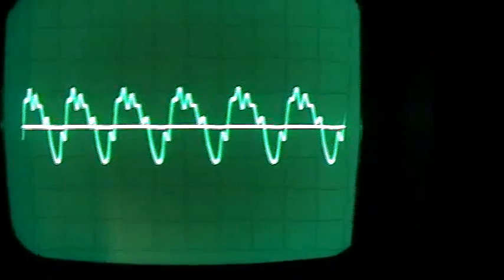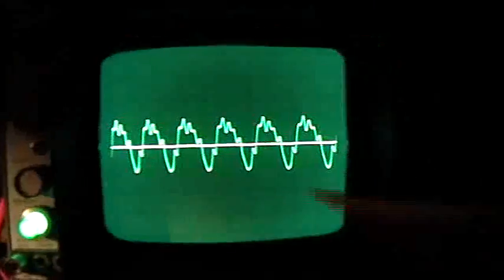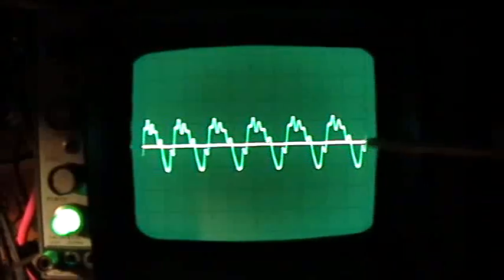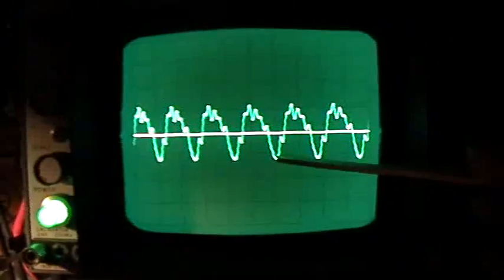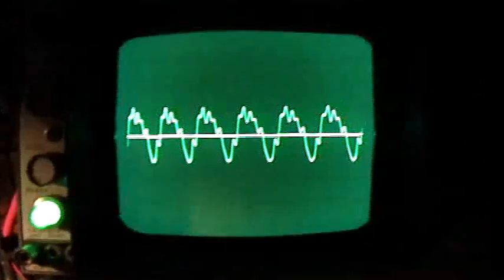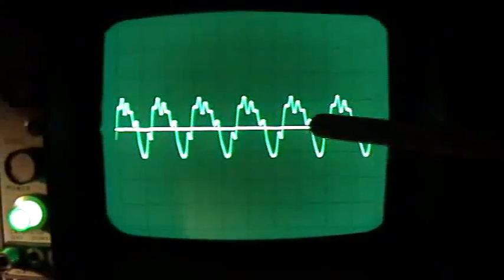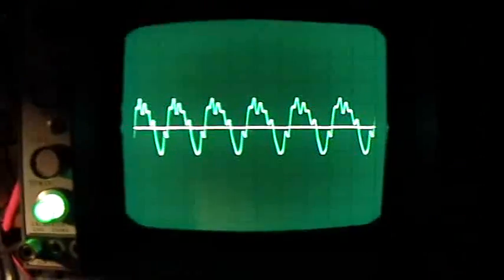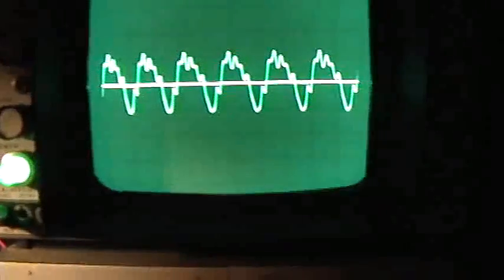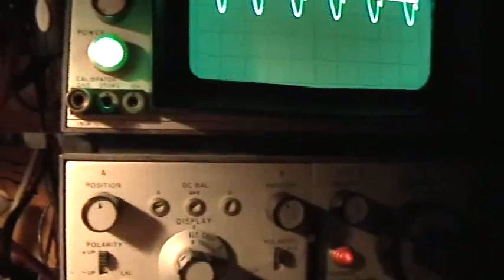Right about there. Okay, so that indicates where the zero voltage level is. So anything below the line is current flowing in the so-called backwards direction. Anything above the line is current flowing in the correct direction as far as the circuit is concerned.